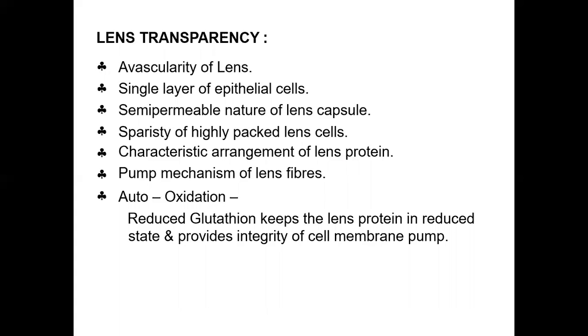The tight packing of the lens cells; we have seen that the lens fibers are tightly packed. The characteristic arrangement of the lens protein is definitely important. Auto-oxidation is reduced by glutathione, which keeps the lens protein in a reduced state and maintains the integrity of the cell membrane.